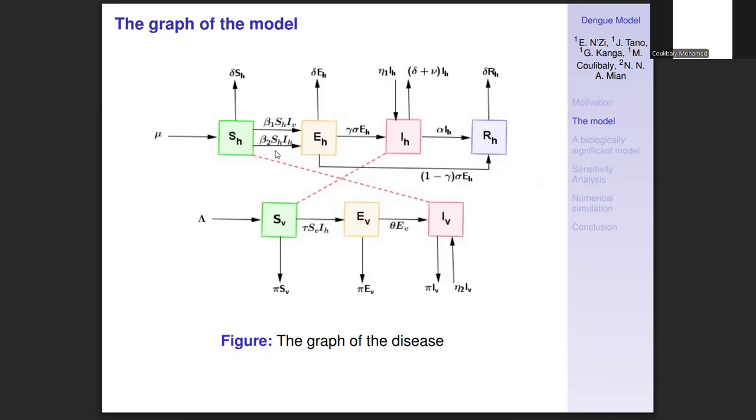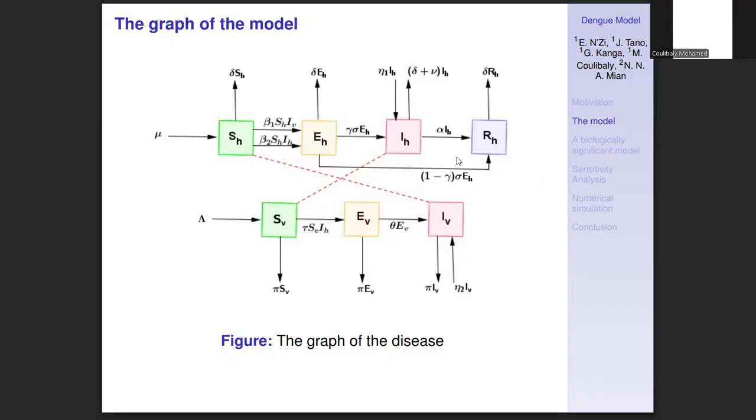And beta 2 represents the rate of transmission between susceptible human and infected human, because we consider that with some vector diseases, the blood, for example, can permit transmitting the pathogen.